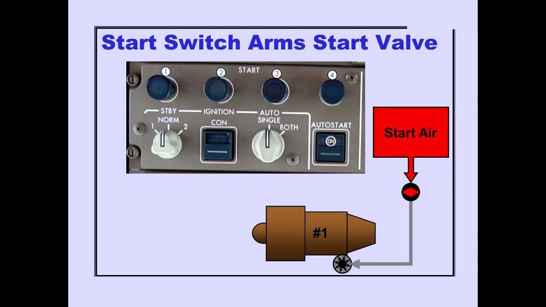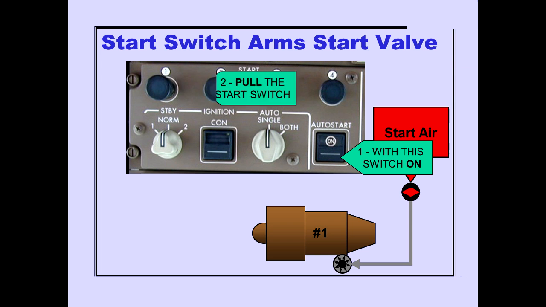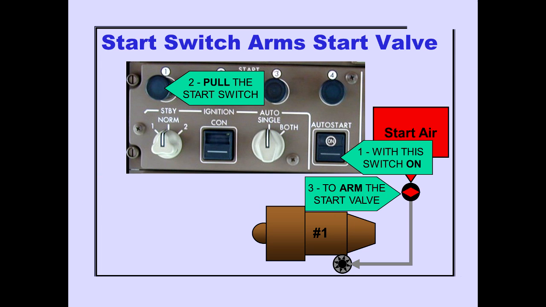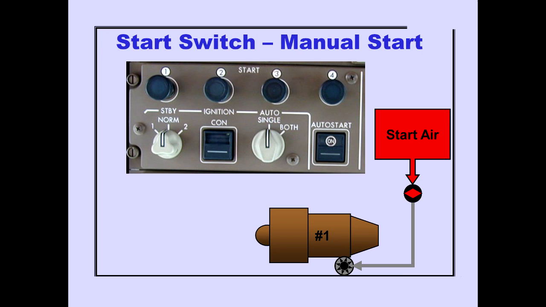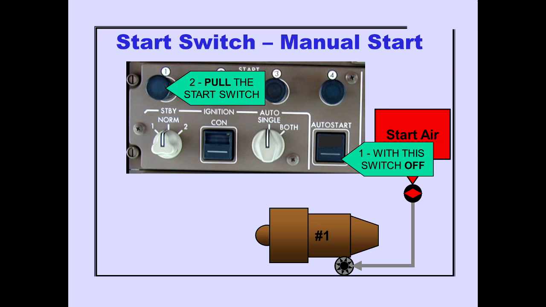With the Autostart switch pushed on, pulling the start switch out arms the start valve for operation. With the Autostart switch pushed off, pulling the start switch out opens the start valve.